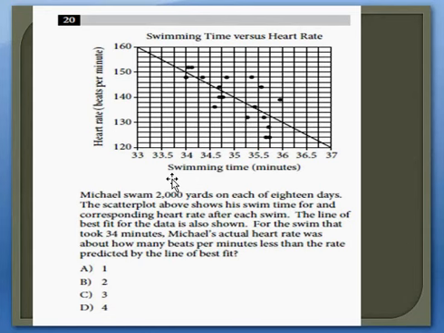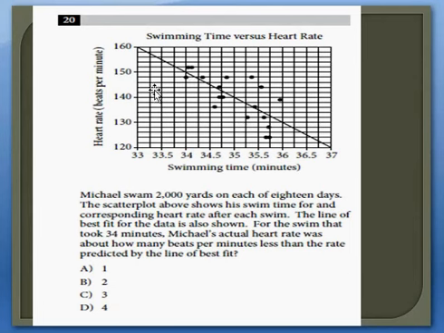So what is it asking? It's asking, if you compare Michael's heart rate by using the best fit line and the actual one, how much is the difference between the two, for the swim that took 34 minutes. So here we go, look at x-axis 34, move up and see where the y-axis is.